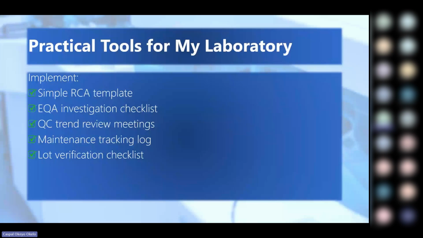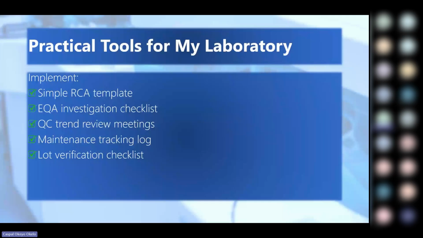With monthly QC trend review meetings, you'll be able to identify trends over time beyond the daily QC review. A maintenance tracking log: if maintenance is automated or scheduled visibly, you realize that calibration issues start reducing. And a CAPA tracking sheet so that you don't forget preventive actions.